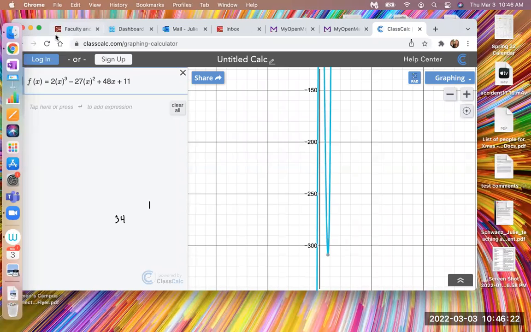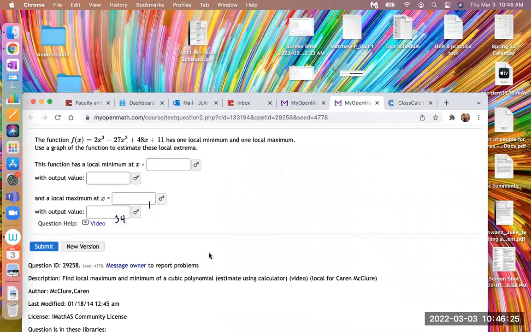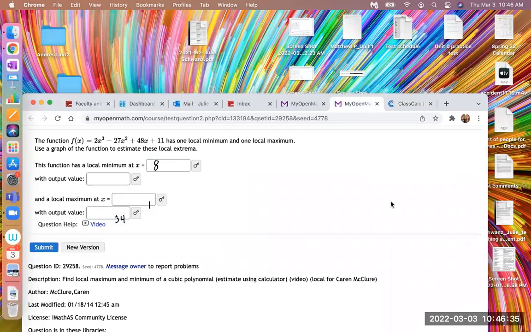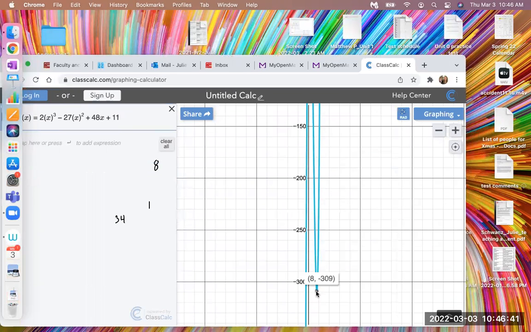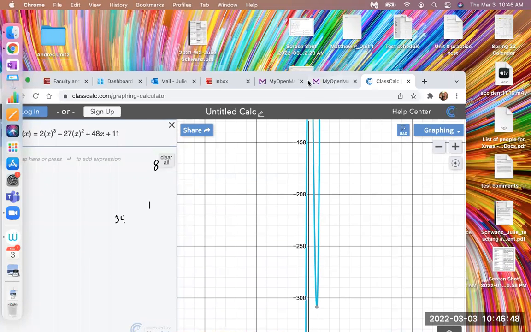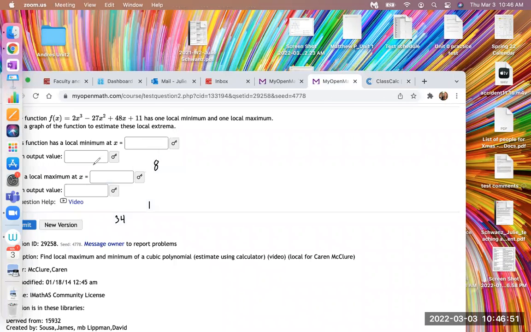So I go back over here, and the value that I want to plug in here is 8. And the function value, or y value, when x equals 8 is negative 309. So that's what we want. And here is negative 309.